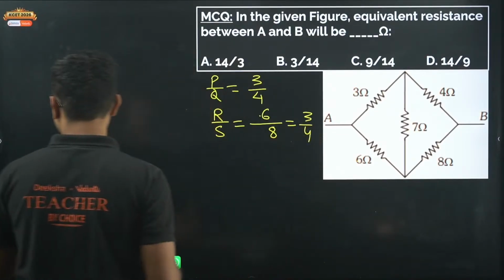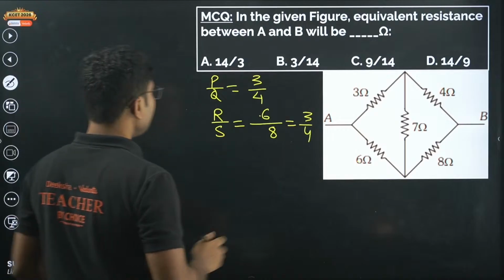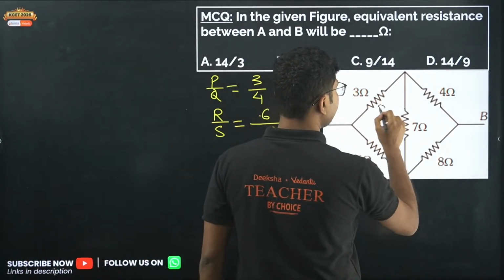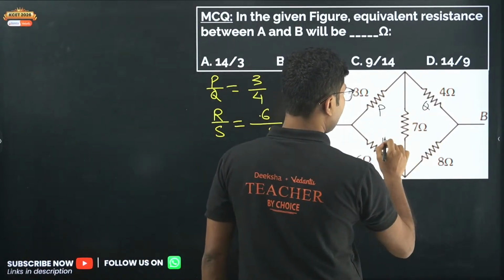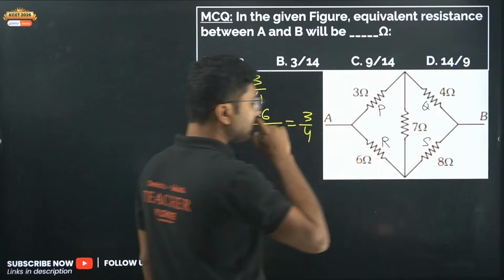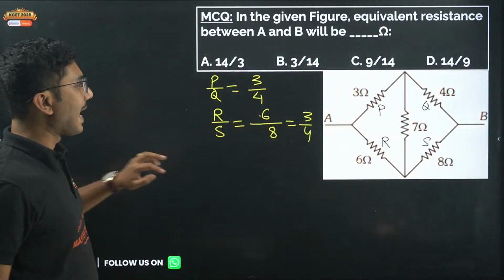So the P by Q equals R by S condition is satisfied. If you are still confused, this is P, this is Q, this is R, this is S. So that means again this is a balanced bridge.